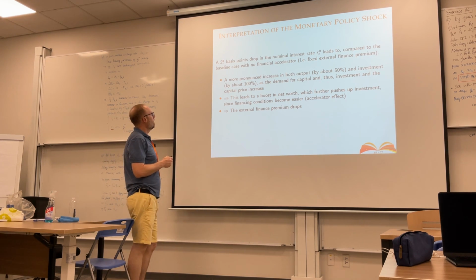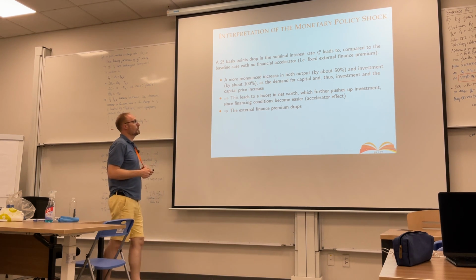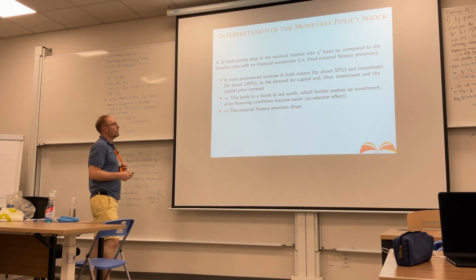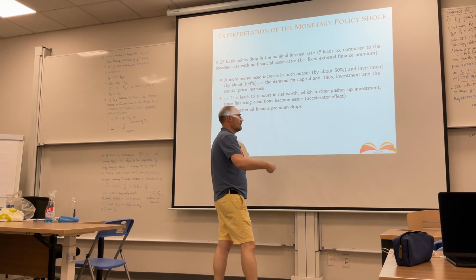here a monetary policy chart. So 25 basis points, a quarter percentage point drop in the nominal interest rate. We want to compare this to a baseline case where we fix the external finance premium, so we shut down the ability to have this feedback effect.